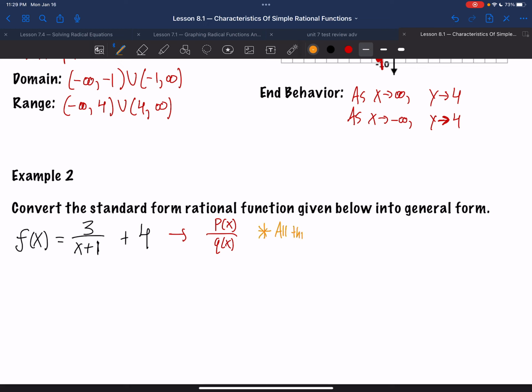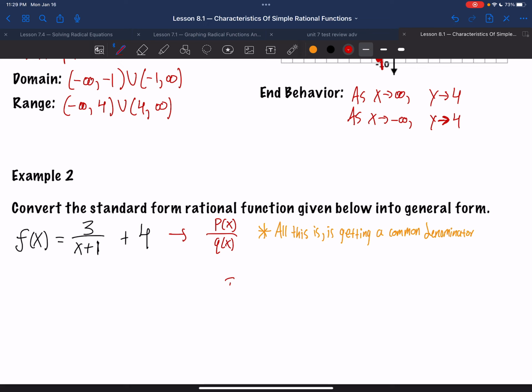All this is getting a common denominator. That's it. Okay? So how do you get a common denominator? Quick recap for you.